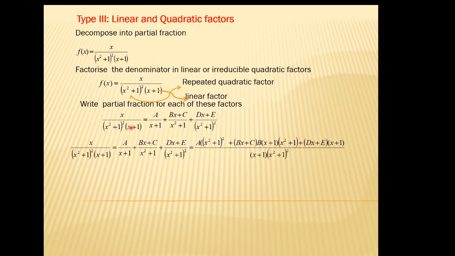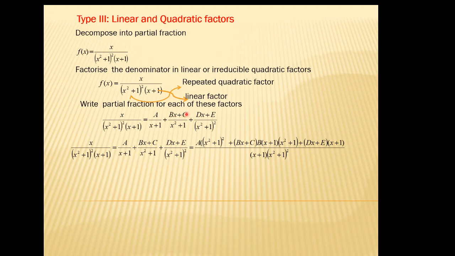So our LCM is (x square plus 1) whole square into (x plus 1). We multiply each term by the missing term required for getting this denominator on the left hand side. Here a already contains x plus 1, so what is missing is (x square plus 1) whole square. So I will multiply a by (x square plus 1) whole square.